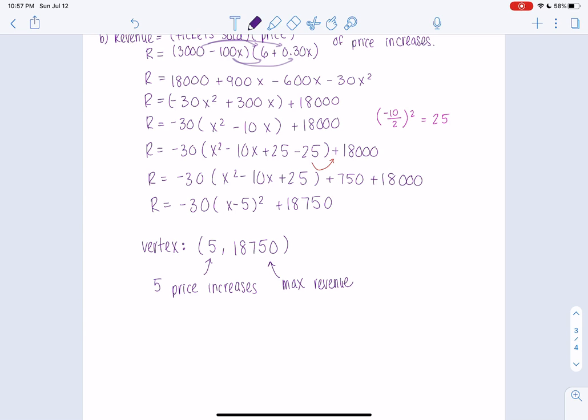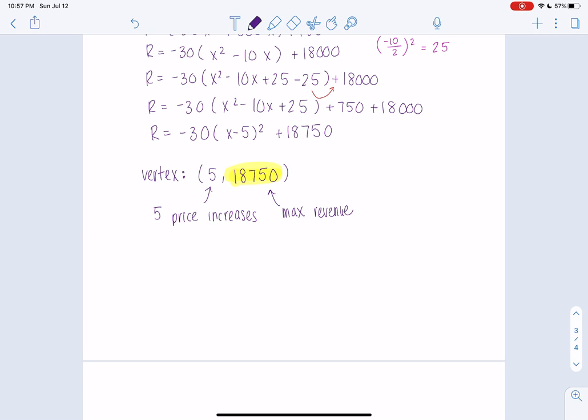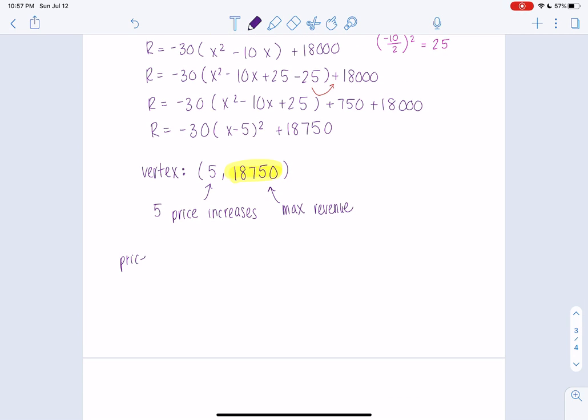So now what we were asked is, what would their maximum revenue be? That's this. And the other thing is, what price would they have to charge in order to make that? So that happens after 5 price increases. So our price would be $6 plus 5 price increases.